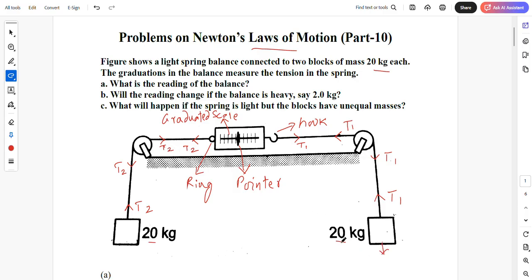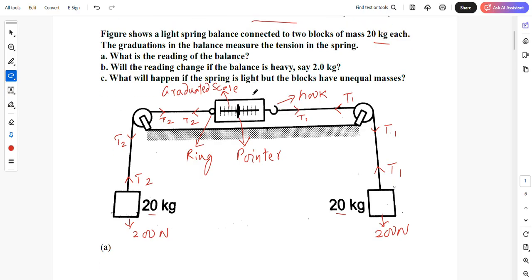This is force: 20 into 10 is 200 newtons, and this is 200 newtons. Now we are supposed to calculate the reading of the balance. If we calculate tension here, we can measure directly the reading of the balance.